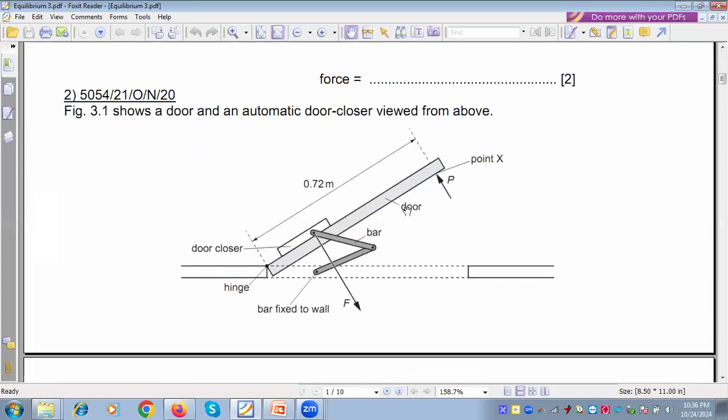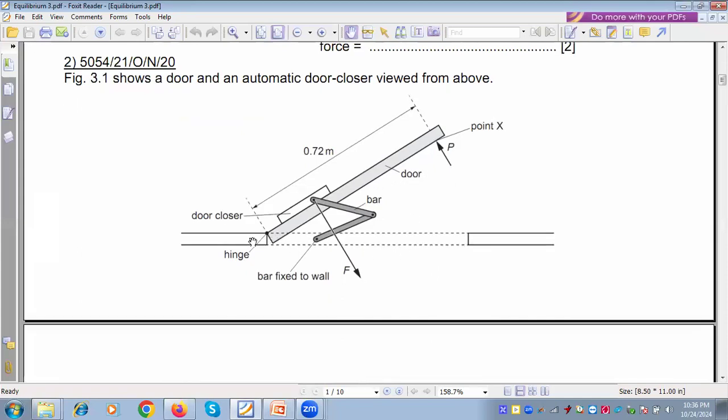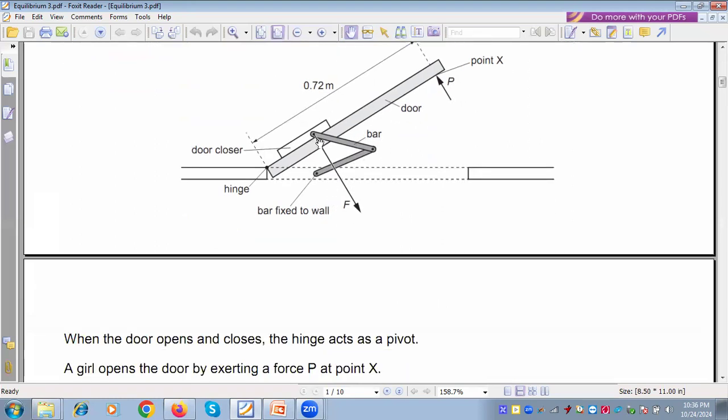So it is the automatic door closer here. This is the bar which will be fixed to the wall and it may close the door when it is just given a push. So it means it will be applying some force in this direction.